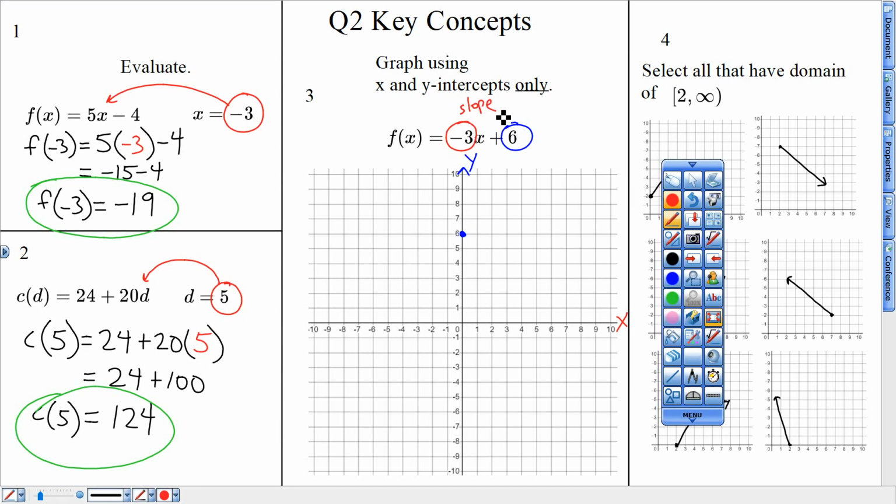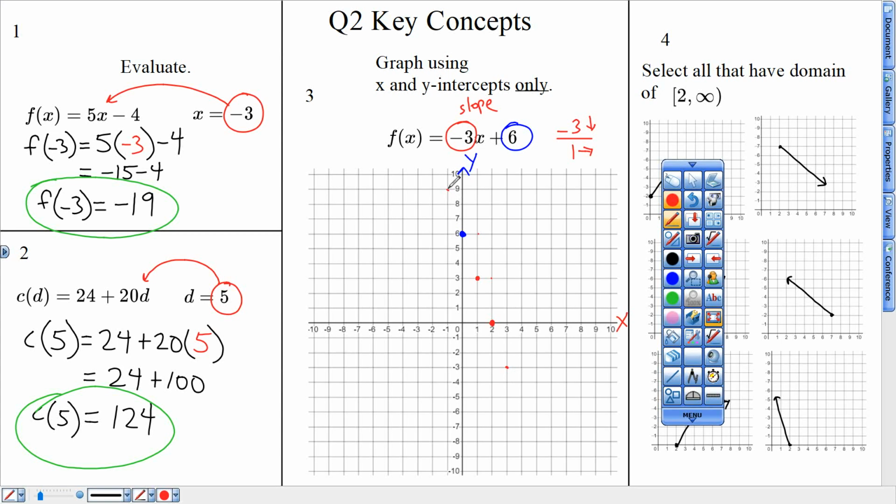And remember, slope written as a fraction, that -3, which is always over 1, tells me from that blue dot on 6, every time I go over 1 grid, I'm going to go down 3. Right 1, down 3. That's where my next point goes. Right 1, down 3. But if you look at this problem, they don't want you to keep going on this line in either or both directions.